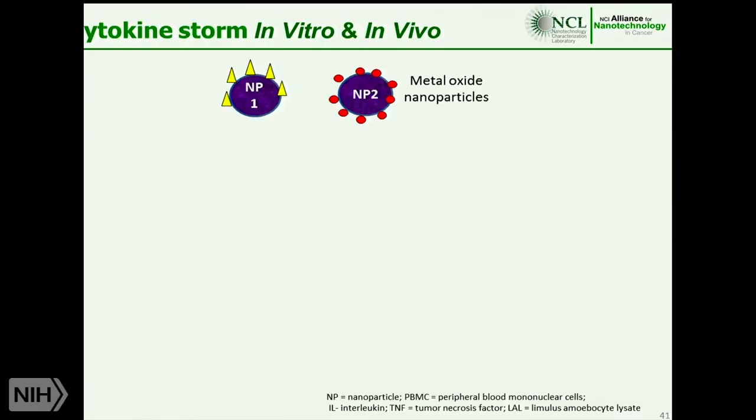I would like just to show you one of the examples where in vitro methods are predictive and helpful in identifying these toxicities. In this case, we look at the metal oxide nanoparticles that have identical core, identical hydrodynamic size, and identical zeta potential, but the surface of these particles contain different ligands.